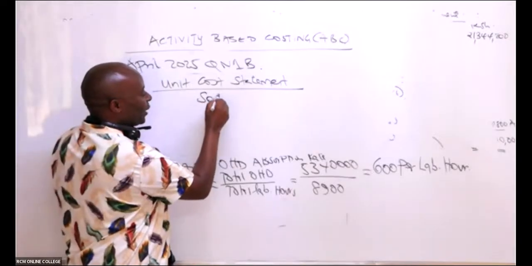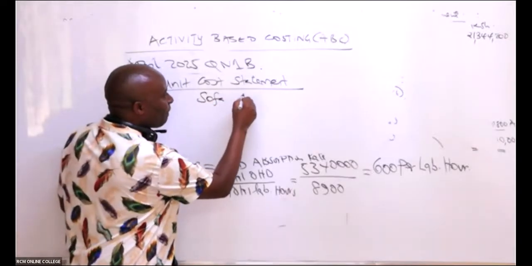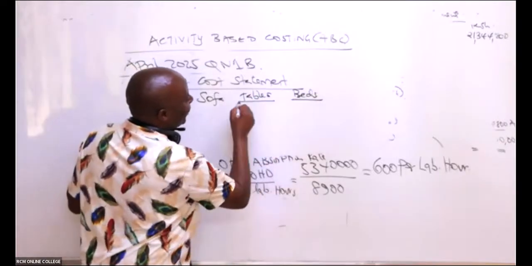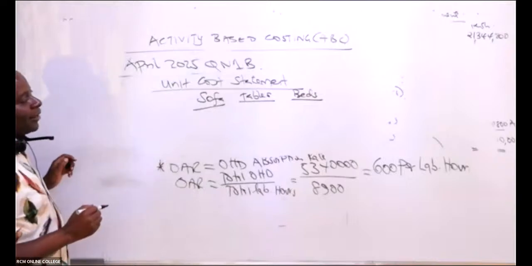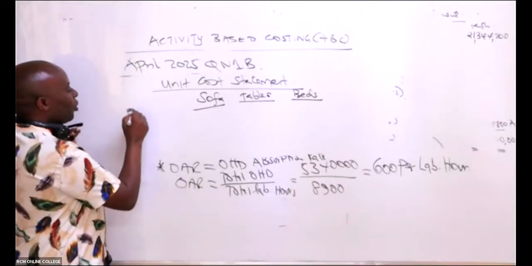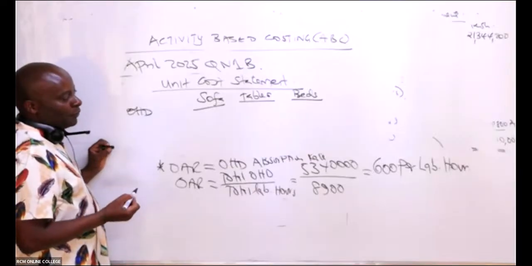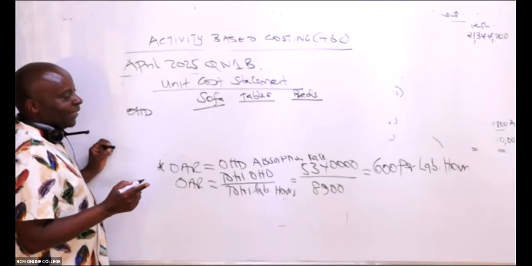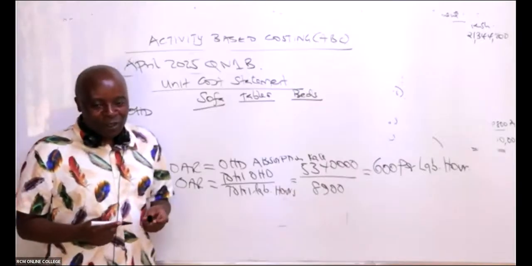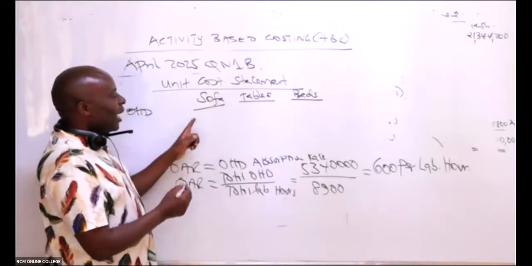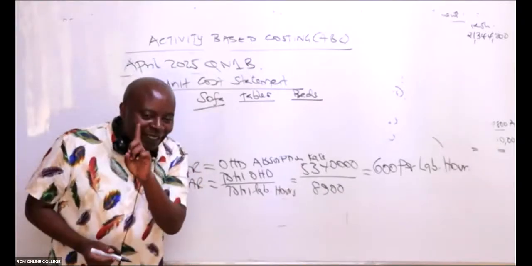We have sofa, tables, and the beds, isn't it? Great. So we start here with the overhead for each unit, for each sofa set. Remember, we are absorbing this overhead using labor hours. So we'll take the labor hours needed to make one sofa.